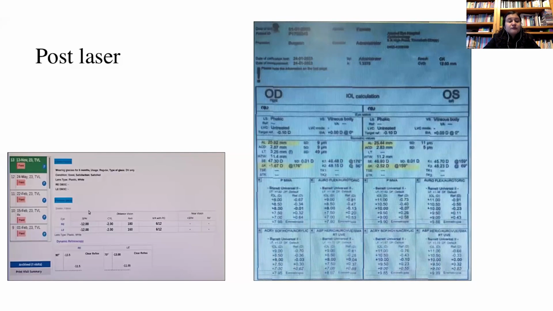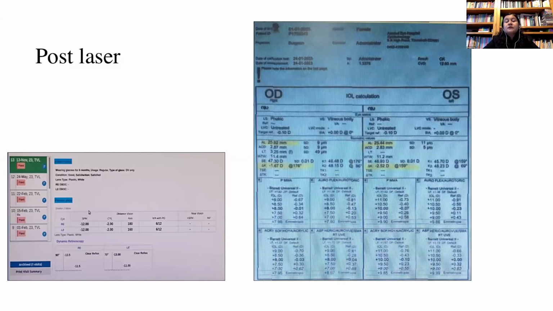This patient is in longest follow-up with us, and right now she is 20 years old, and she has in both eyes minus 12 diopter of sphere and minus 2 cylinder at 180 degrees. And if you see her IOL Master biometry, the axial length is 25.87 in the right eye and 25.84 in the left eye, which is quite less.